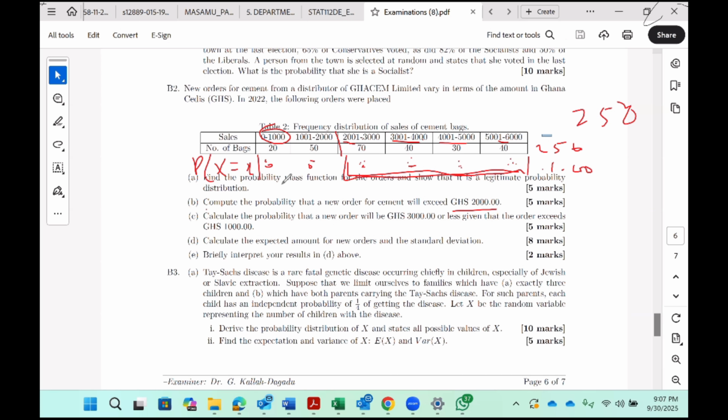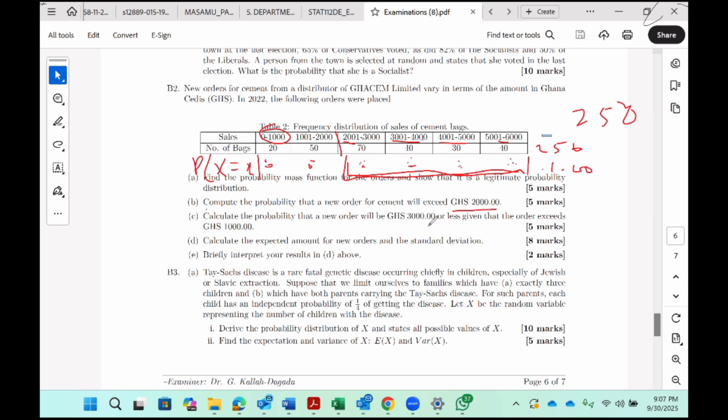So C is to calculate the probability that a new order will be 3,000 or less, given that the order exceeds 1,000.